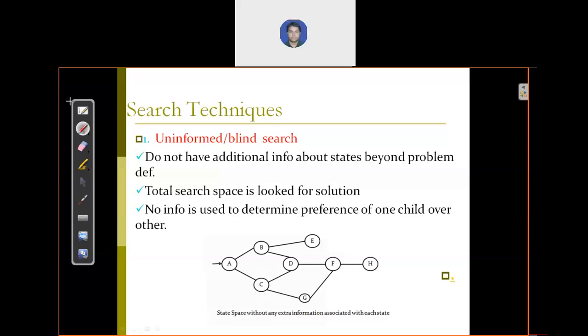Suppose F is our goal state and A is your start state. In uninformed search, we know how we can move from A to B, meaning what the cost is. Suppose it takes three cost and two cost to reach B and C from A. But we have no idea how state B or C can reach the goal state.